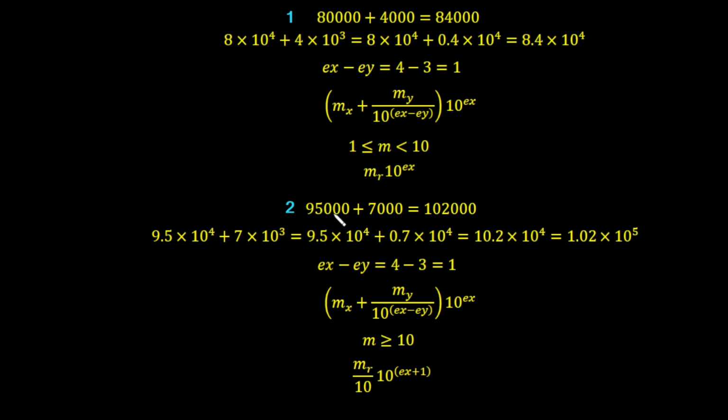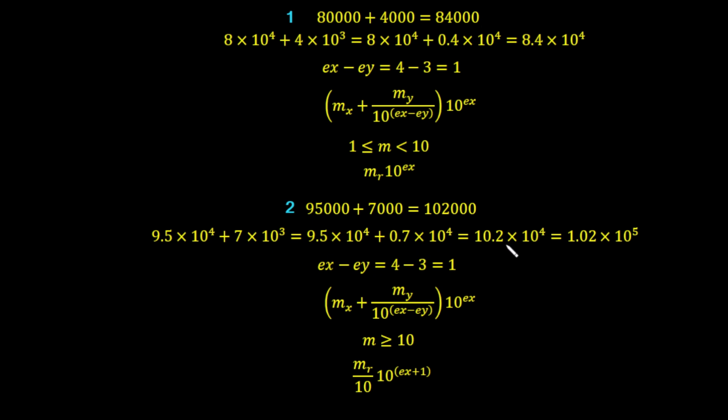Now there's one other example here, and it's got 95,000 plus 7,000. It gives you this result here. So whenever we work through this one, we get this number and this number. We cannot add them because the exponents are not the same. So what we do is we add one onto the exponent and we divide this by a value of 10.